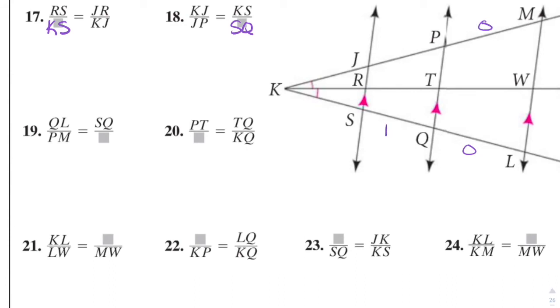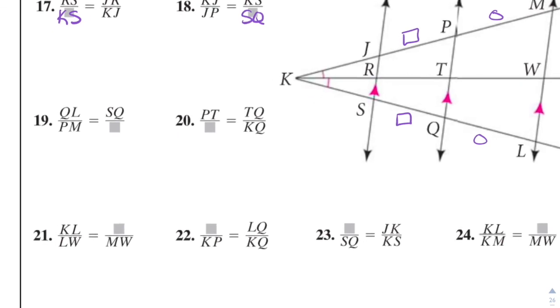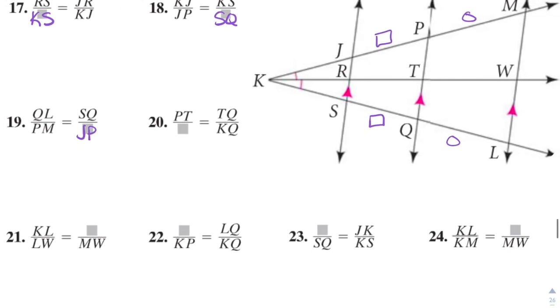SQ, it's going to have to be JP, right? Because it's the side splitter theorem. And we're on the outer edges of this triangle, so it's going to have to be JP. Wait, did I do that right? QL, PM, SQ, JP. Yep.